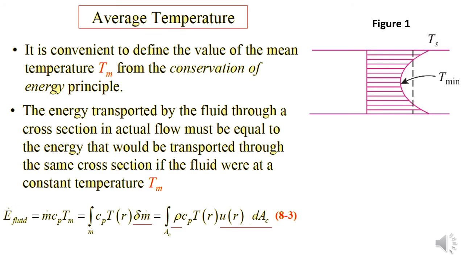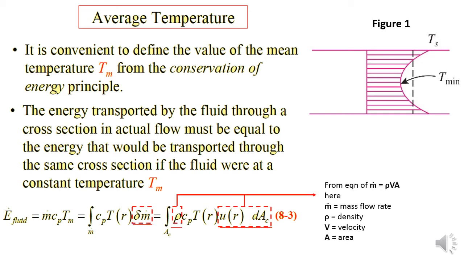So this is the equation where E dot fluid equals m dot Cp Tm. m dot here is the mass flow rate, Cp is the specific heat, Tm is the mean temperature, and we can expand it to the integration over m dot Cp T(r) delta m dot, and we can further expand it into the integration over cross-sectional area Ac of rho Cp T(r) u(r) dAc.